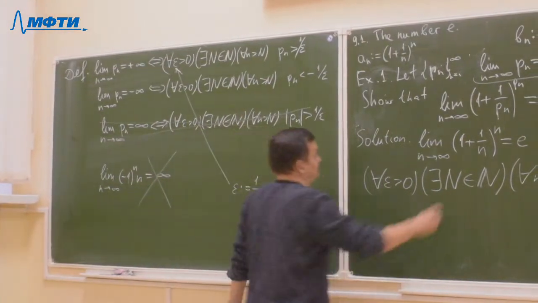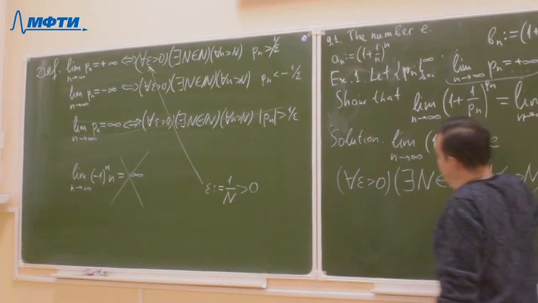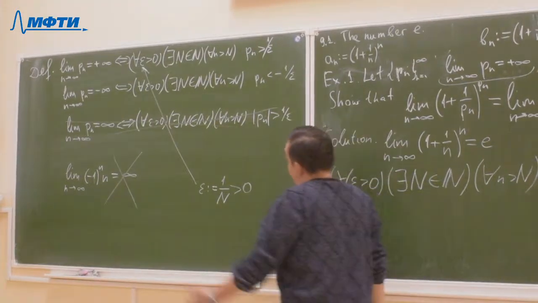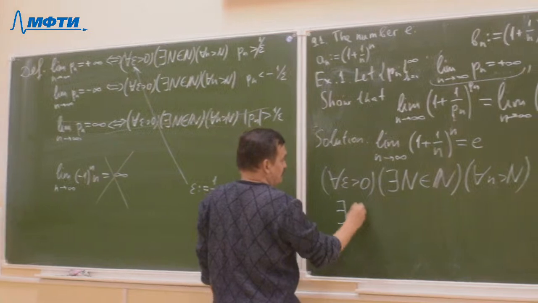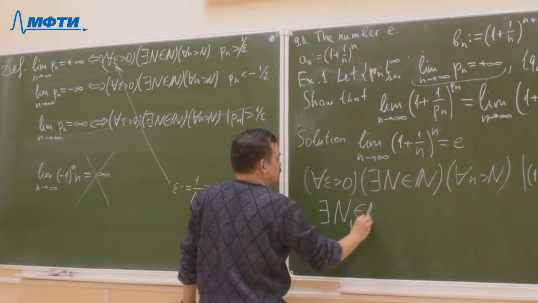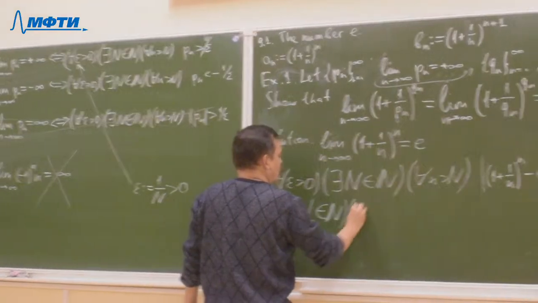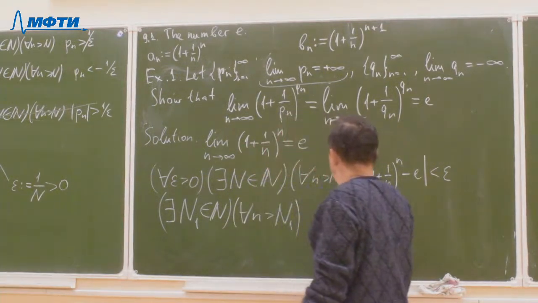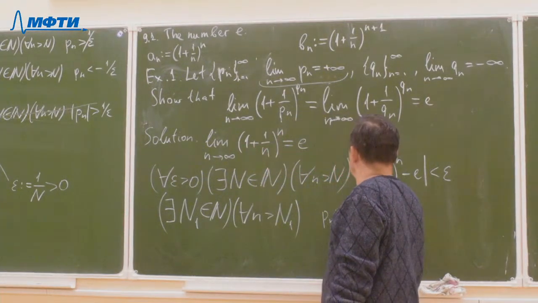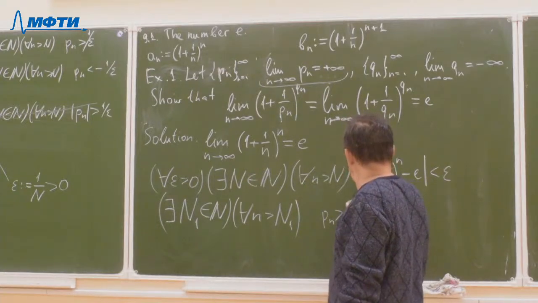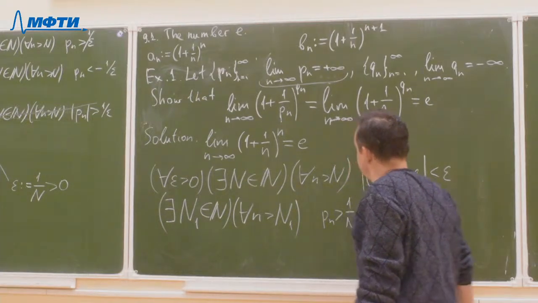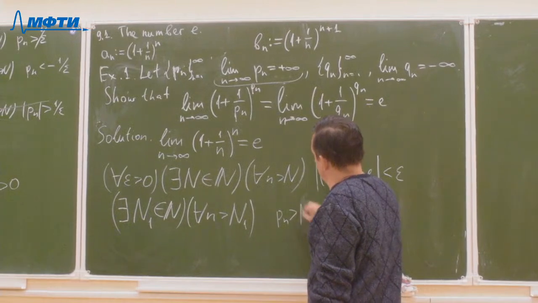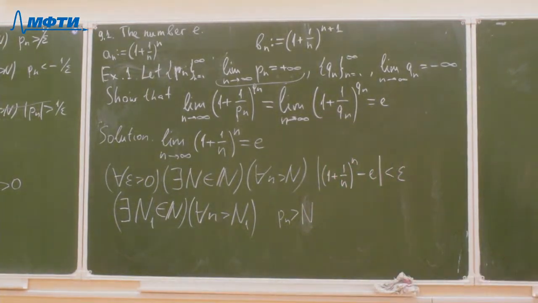So by the definition of infinite limit, there exists, let me use another letter now, let's say N1 natural, such that for all n greater than this N1, we have Pn greater than capital N.